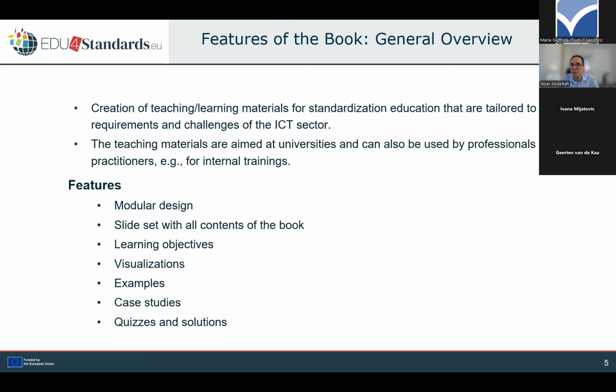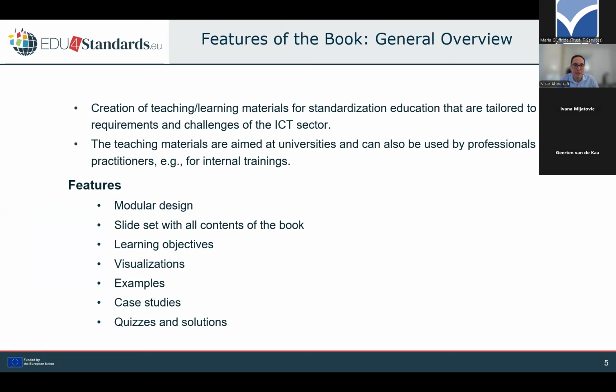Concerning the features of the book, it has many different features, but we wanted to create a teaching or learning material for standardization education that is really tailored to the requirements and challenges of the ICT sector.